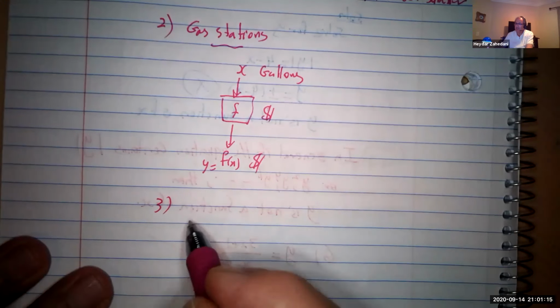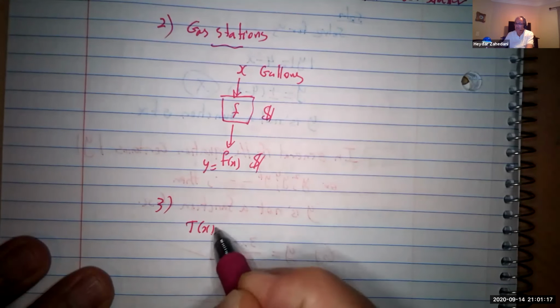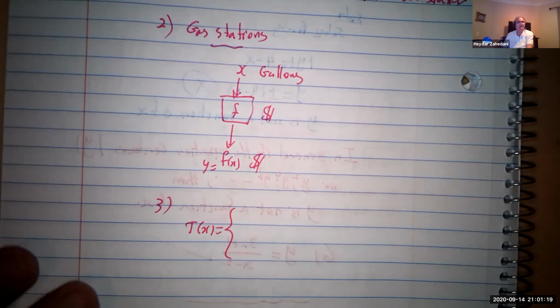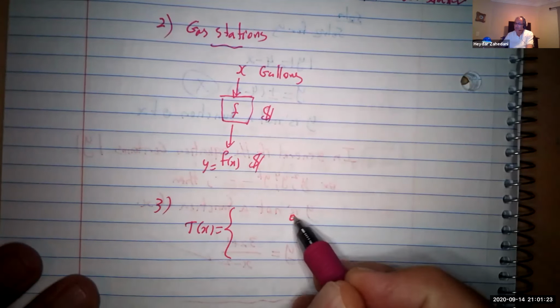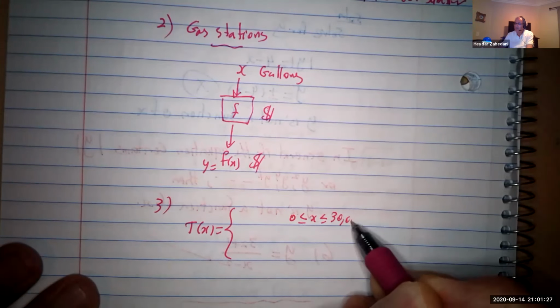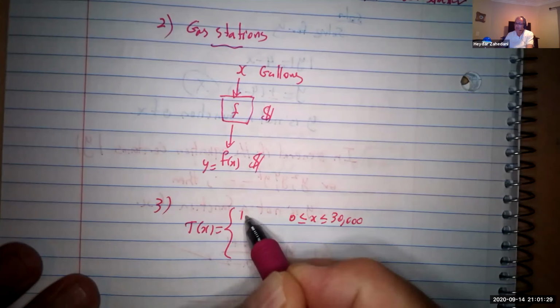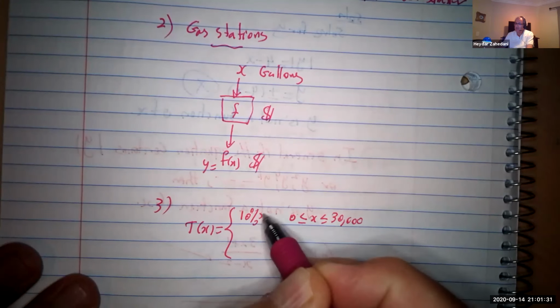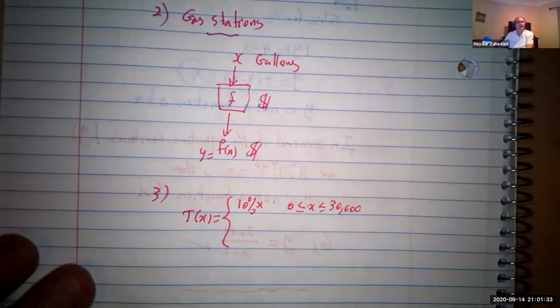You see the tax machine? How are you going to be taxed? It depends on your income. If your income is between 0 and, let's say, $30,000, they bring the 10% machine. 10% of your income.